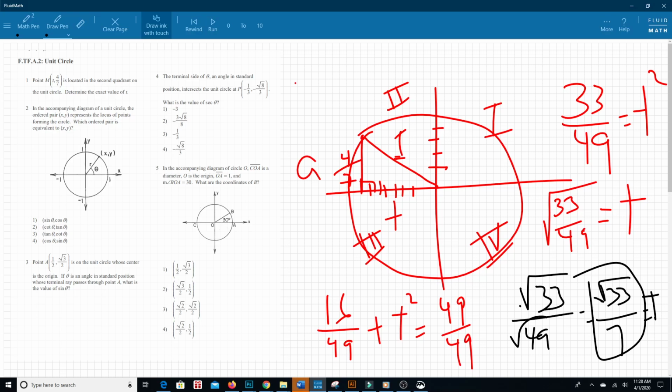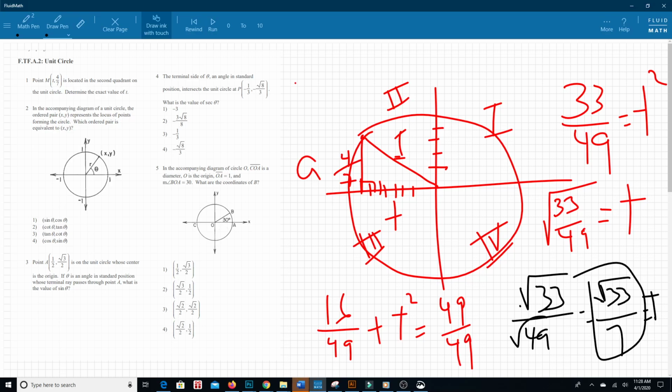It says, which ordered pair is equivalent to x, y. So we want to know what's going to be equivalent to x, y. How can we find what the x, y is equal to? Remember, this is a unit circle, right?